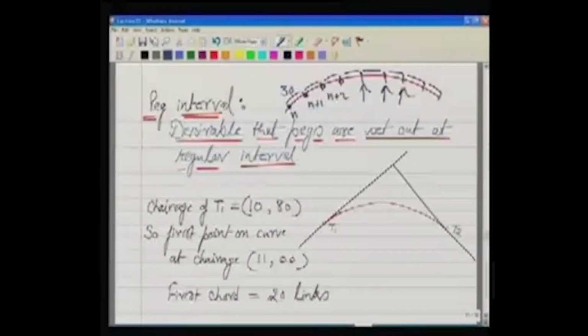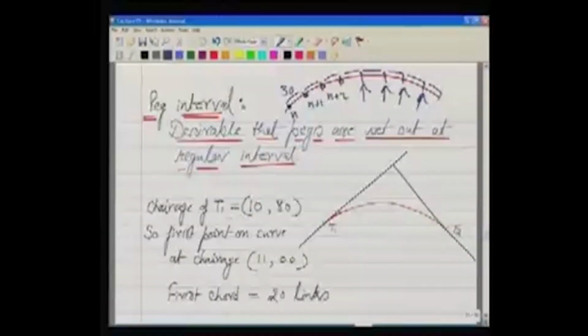We want to provide them the facility so that they don't bother with much computation. Rather, using one full chain or full tape, they start setting out the curve. They are not doing any computation in between, so that should be avoided. For that reason, the desirable thing is that these pegs should be at full tape length, or whatever peg interval we have decided, at full peg intervals everywhere.